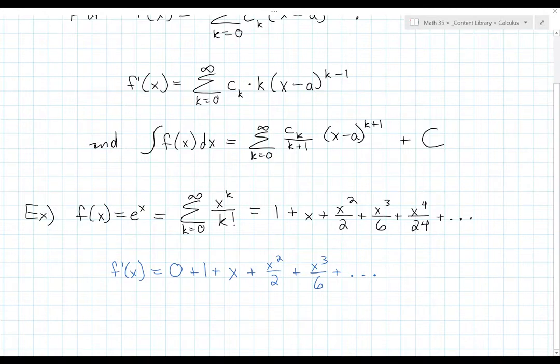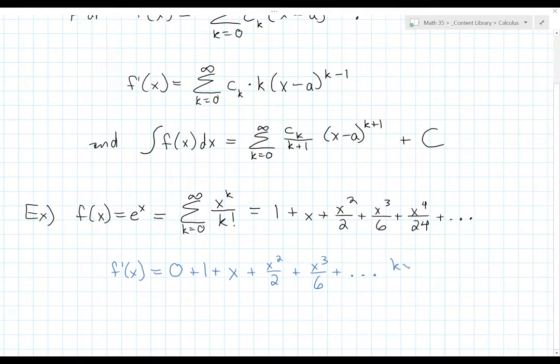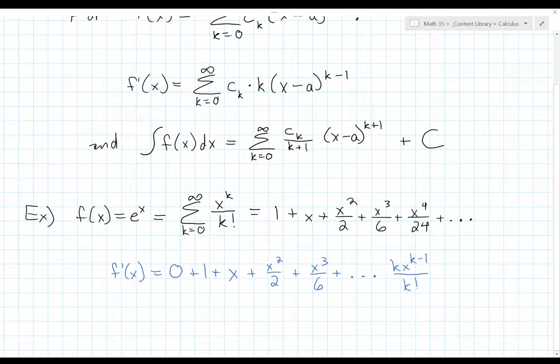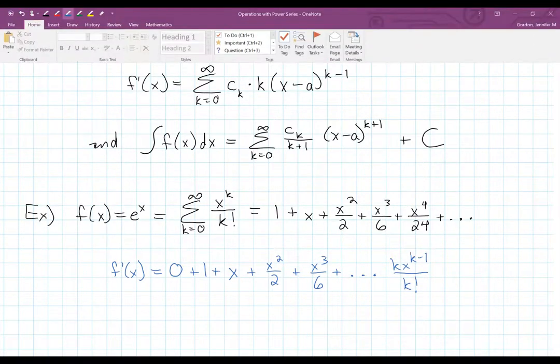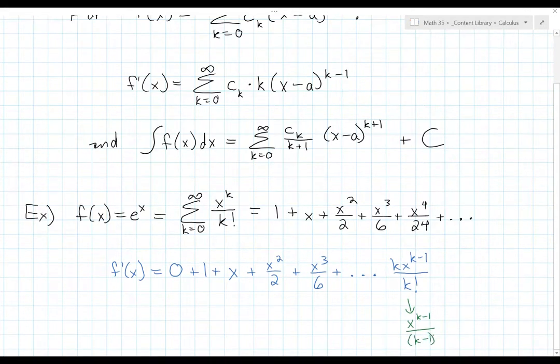So we see that in each case, because our denominator is k factorial, we're going to end up with k times x to the power of k minus 1 over k factorial, which is simply the same thing as x to the power of k minus 1 over k minus 1 factorial.